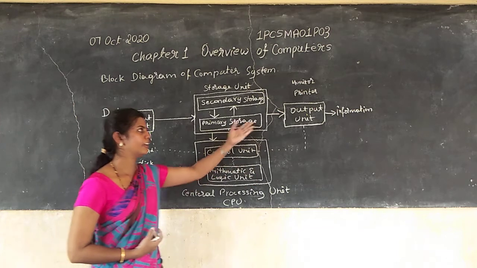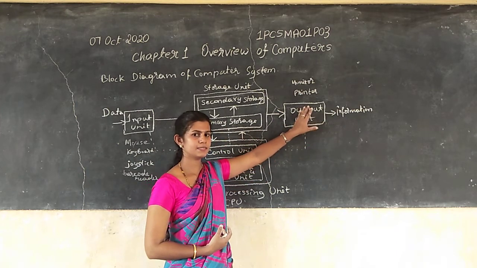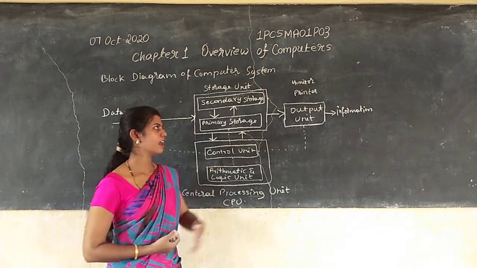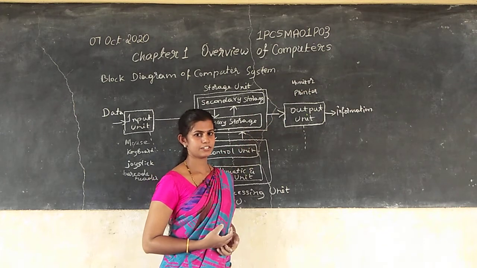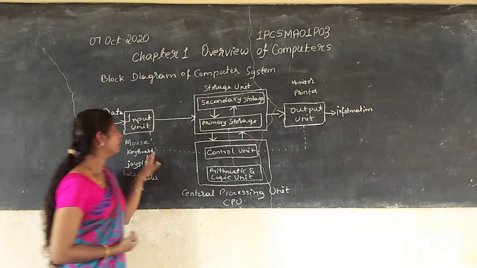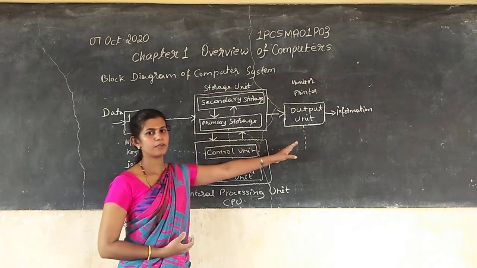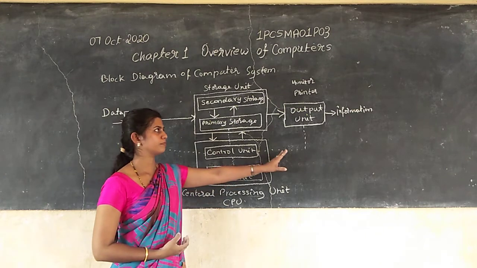It will be carried to the output unit. The output unit will display the result through some of the output devices like monitor, printer, speakers, etc. The processed data is called information.